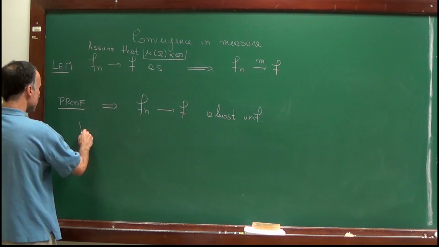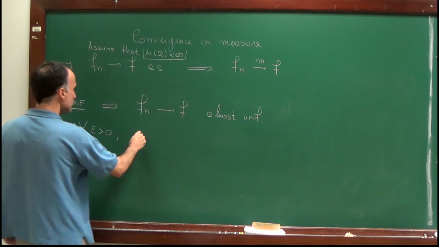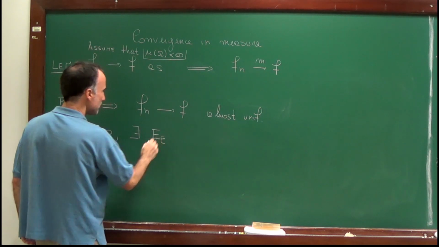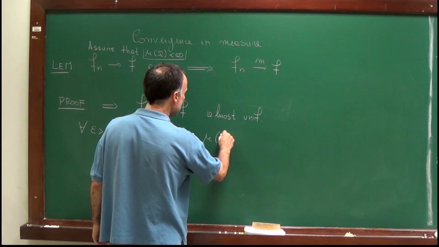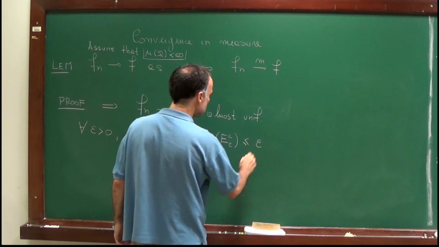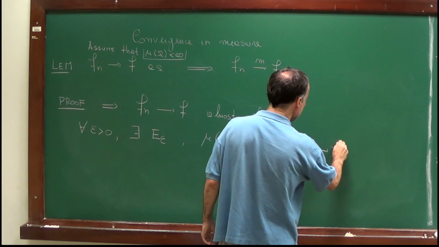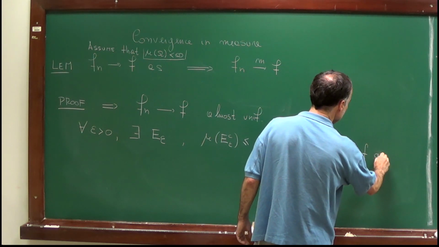It means that for any positive epsilon, you can find a set E epsilon such that the measure of the complement of E epsilon is bounded by epsilon, and fn converges to f uniformly on E epsilon.